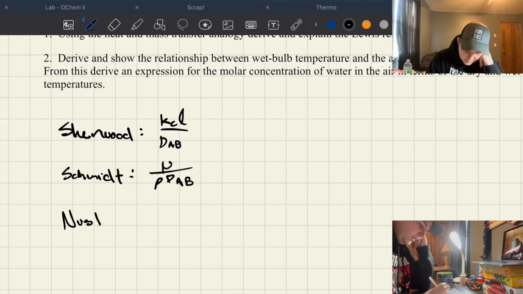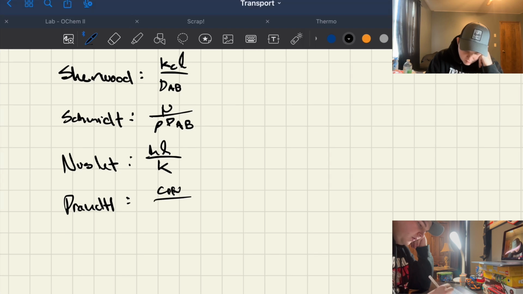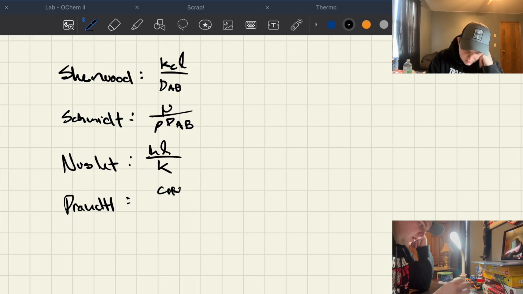We have our Nusselt number, which is hL over k. And we have our Prandtl number, which is Cp viscosity over k.